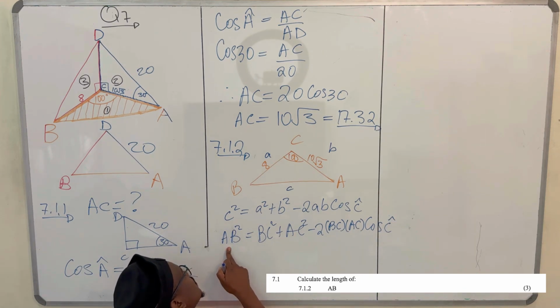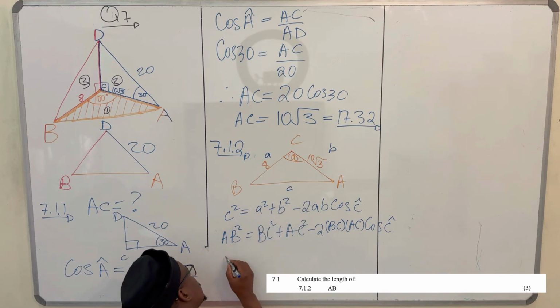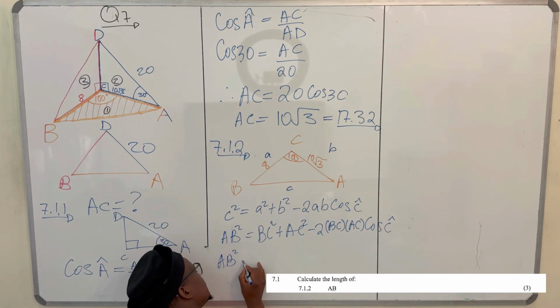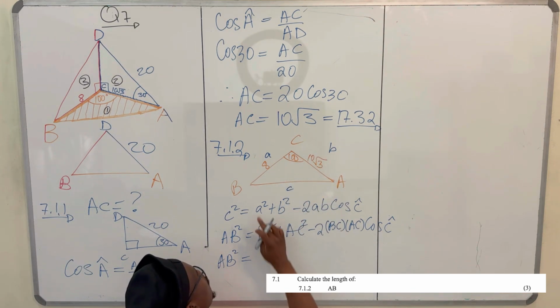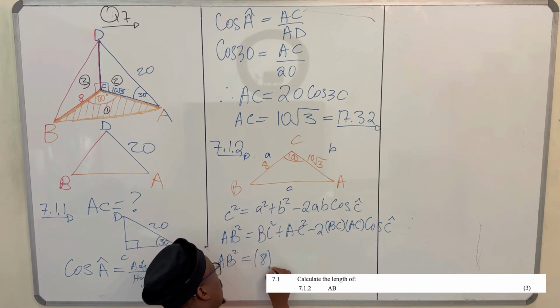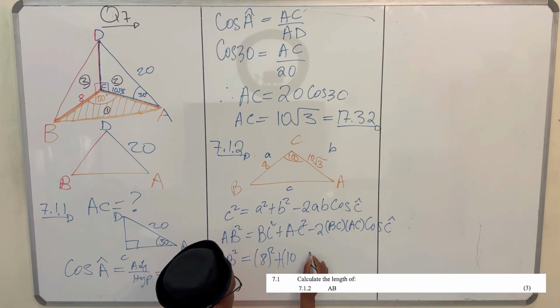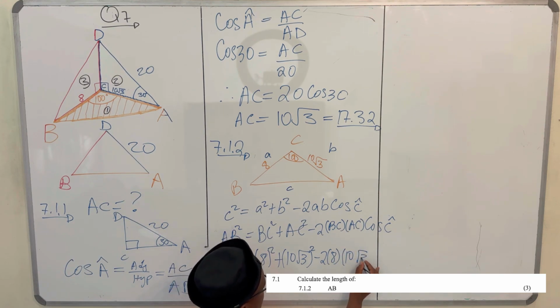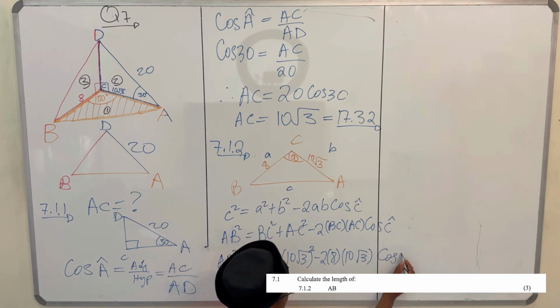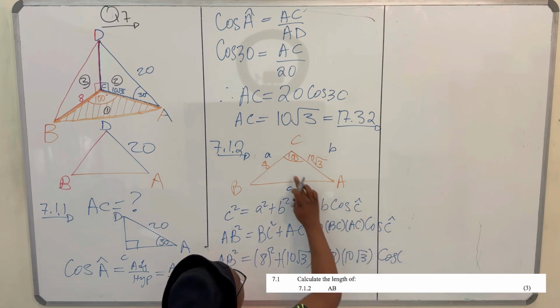Your AB squared will stay as is. Your BC squared, what is your BC? It's this one here, which is 8, all squared, plus 10 root 3 all squared, minus 2 into 8, 10 root 3 cosine of angle C. What is angle C? It's 100 degrees.